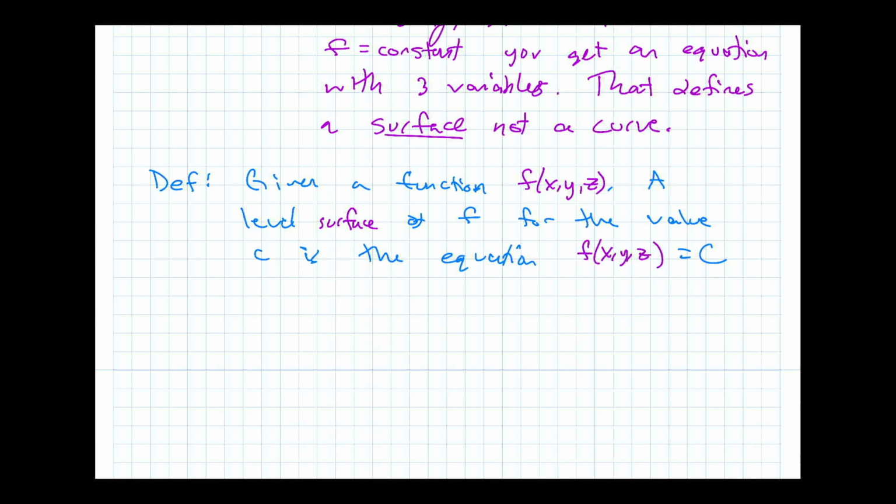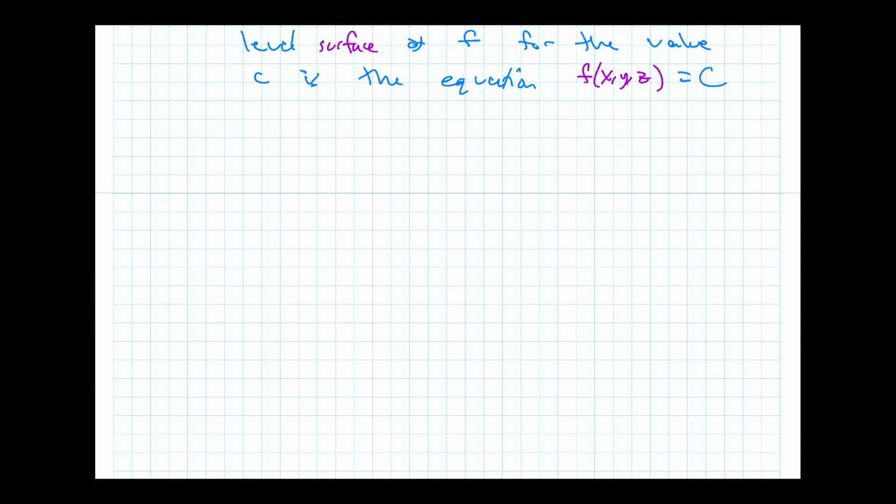All that's going on here is that when you add this third variable, then f of x, y, z isn't a curve, it's a surface. So that's how you define a level surface. You do it in the exact same way, so there's nothing really to it.